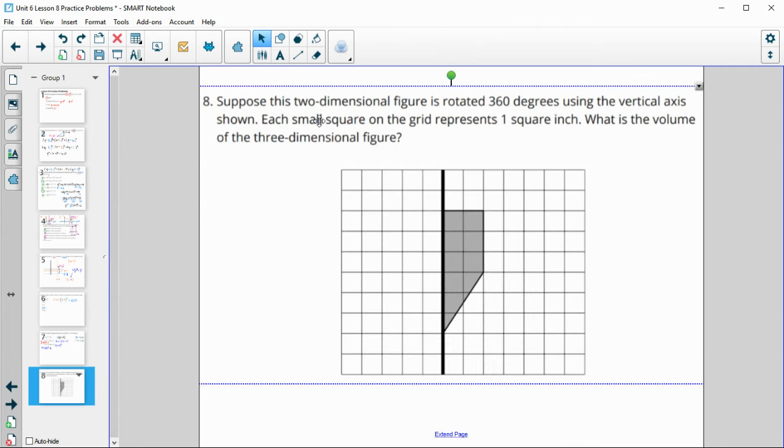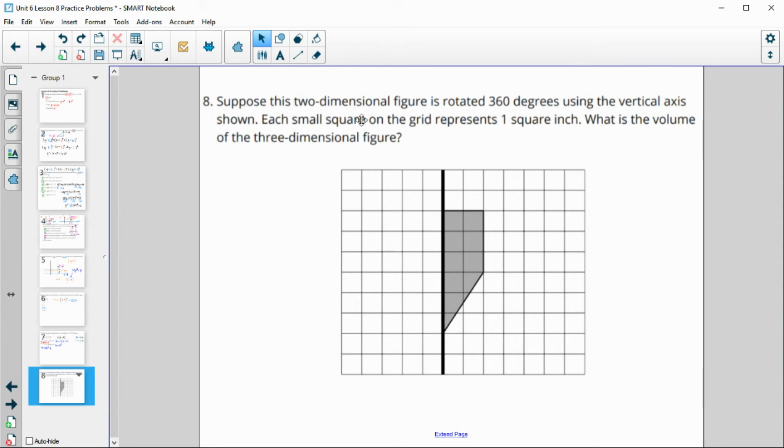And then number 8, so suppose this two-dimensional figure is rotated around the vertical axis. Each small square grid represents 1 square inch. What's the volume of the solid that's created? So if we spin this around, this is going to create a circular motion here, right?